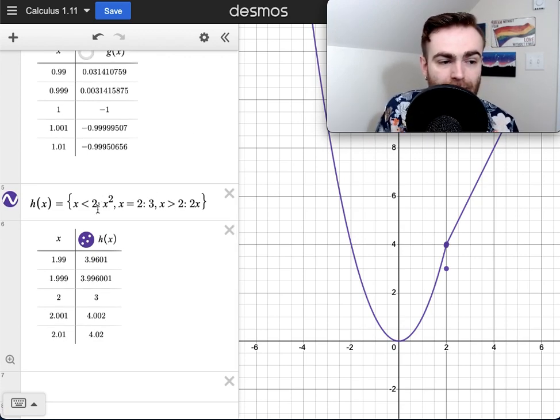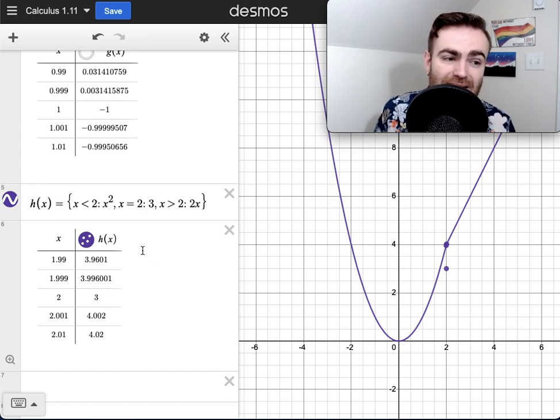So we have for x's less than 2, we output x squared. For x's that are exactly 2, we output 3. And for x's greater than 2, we output 2x. So graphically and on the chart, we can see that the limit does exist for 2, and it seems to be that both sides are approaching 4. But if we look at the actual value at 2, it is 3.